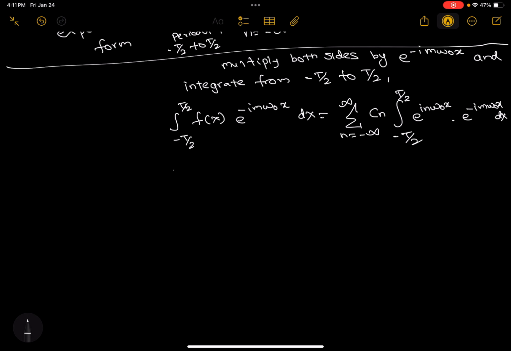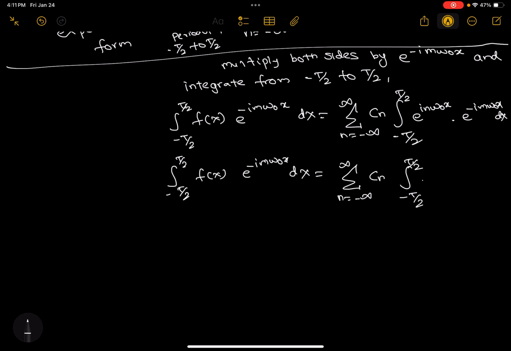So this integral from minus T by 2 to T by 2 of f of x e to the power minus i m omega naught x dx will now become the sum from minus infinity to infinity of c sub n times the integral from minus T by 2 to T by 2 of e to the power i (n minus m) omega naught x dx.